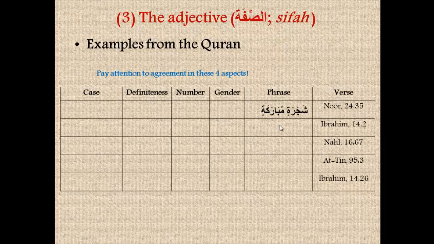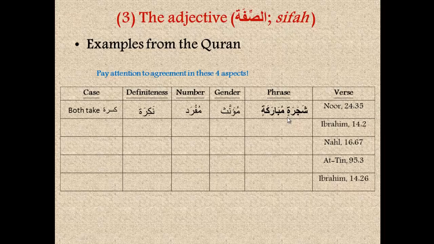Both of these words, the ism and the sifa, are feminine, mu'annath. We are talking about mufrad, singular, and both are indefinite because of the tanween, both are nakirah. And both take a kasratan.